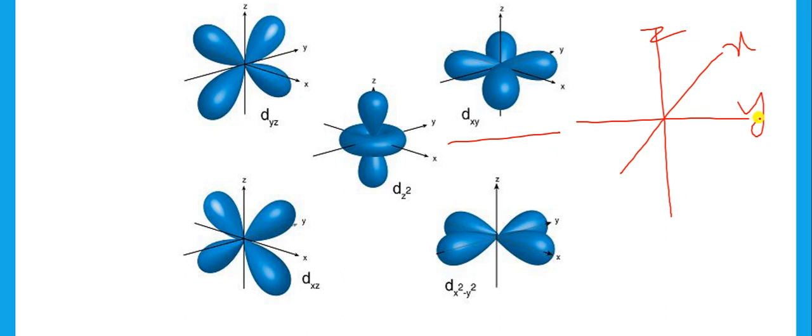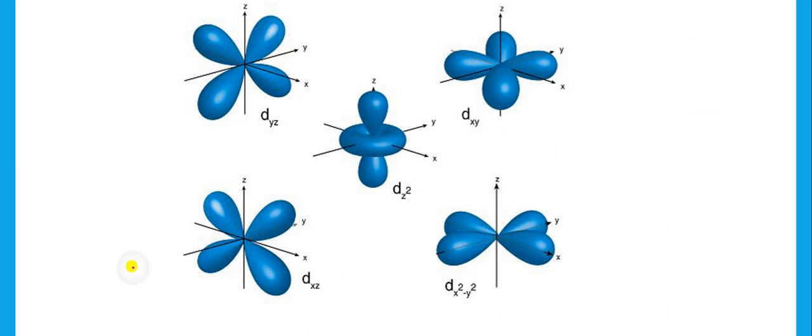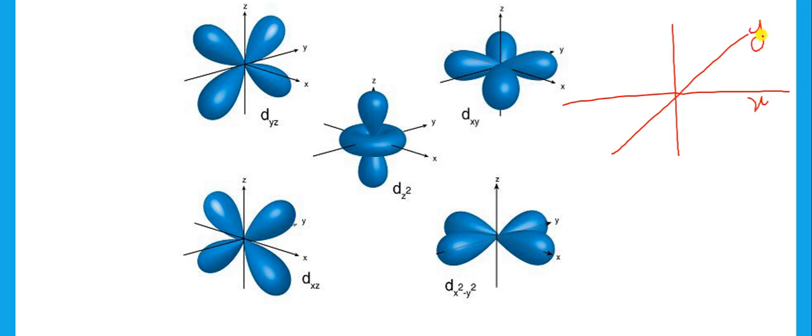You can write it yourself. All are perpendicular. Here in this diagram they have taken this as the x axis, y, and the perpendicular one is the z axis.